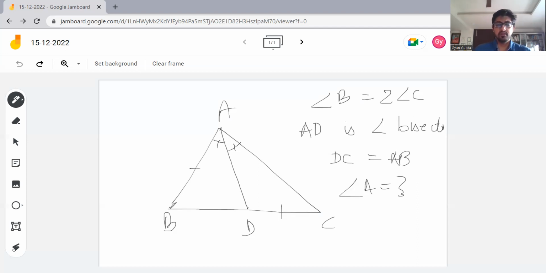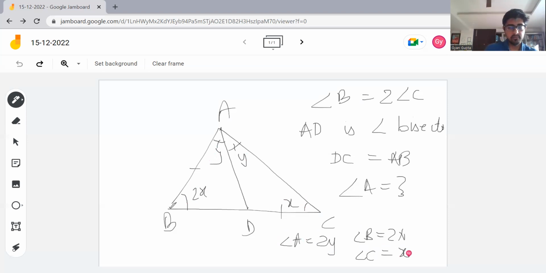It's also given that angle C is X, let's call this Y and this Y. So angle B is 2X, angle A is 2Y, angle C is X. All right, so we have 2Y plus 3X is 180 degrees, the sum of interior angles.